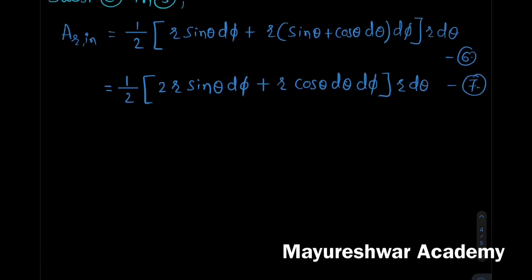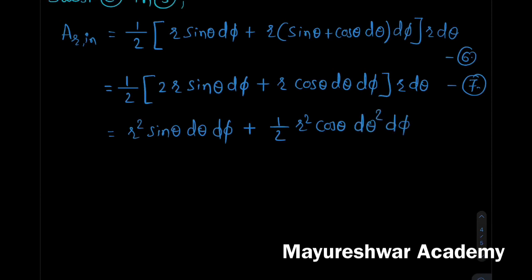So now let us take this r d theta inside. So this will be, 2 will go off, r square sine theta d theta d phi plus 1/2 of r square cos theta d theta square into d phi.